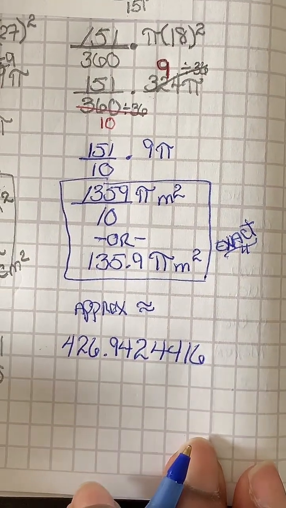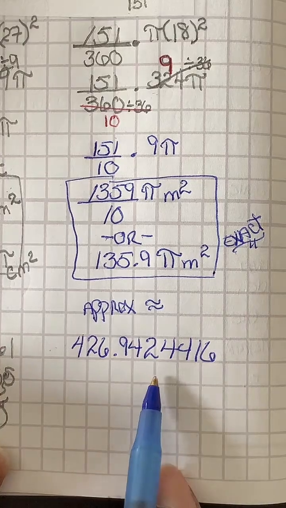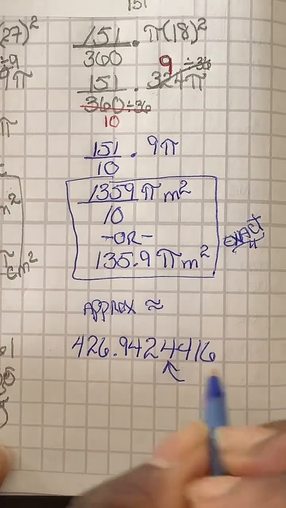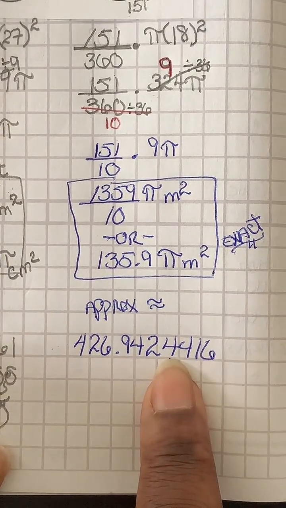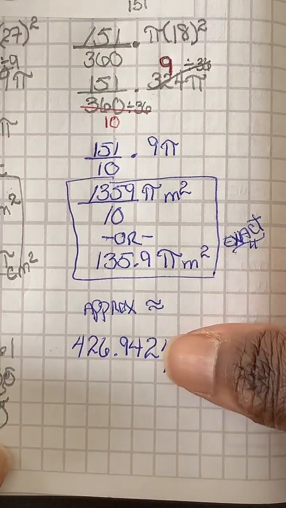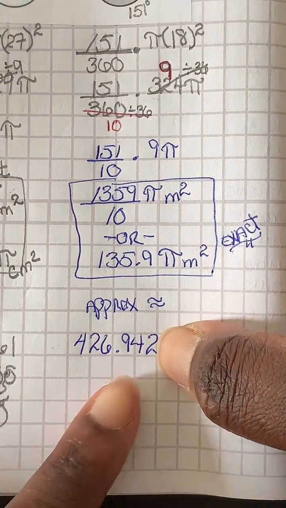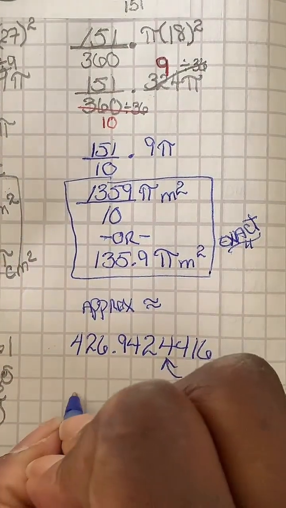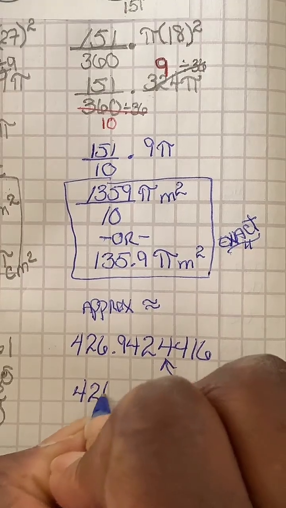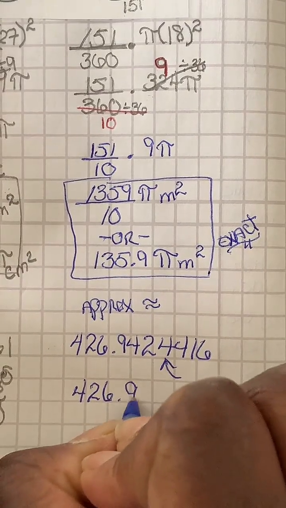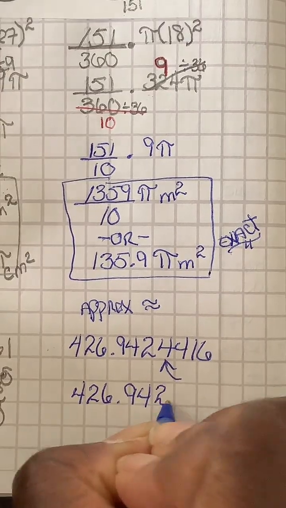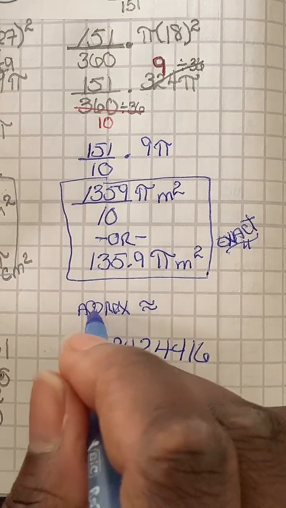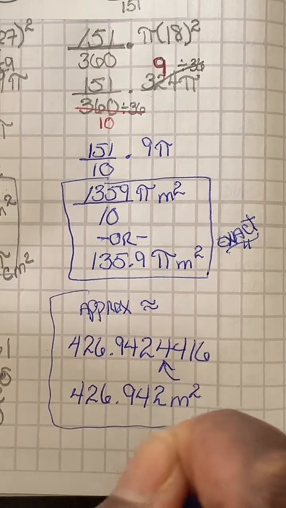We need to round this answer to the nearest thousandths. So I'm looking at my ten-thousandths, and it's a 4, which means I eliminate this part and keep everything else. I'm not adding 1. So my official answer is 426.942 squared meters. This is the approximate answer.